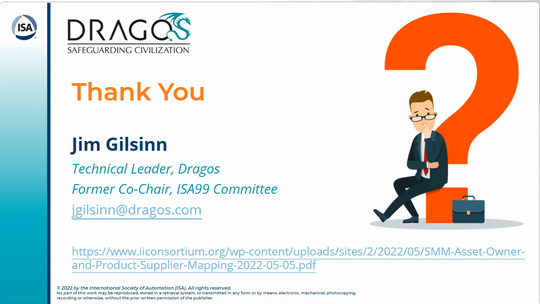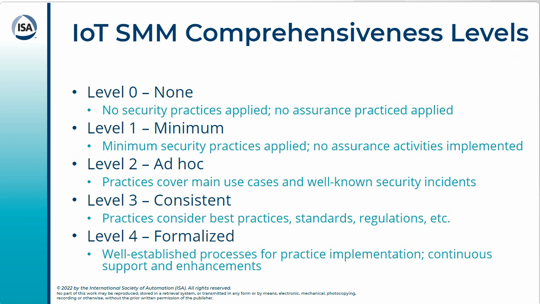Okay, so I'm going to go back to the comprehensiveness levels slide. One of the things I mentioned here is that the comprehensiveness levels in the IoT SMM are written in terms of more the capabilities that a device or a product developer would need to incorporate into their processes and their devices.